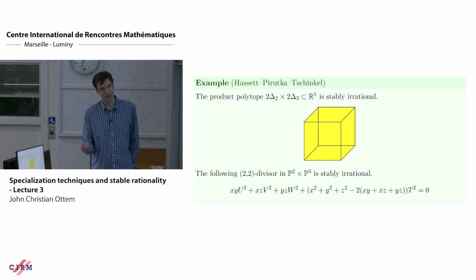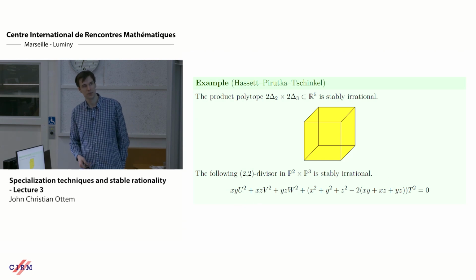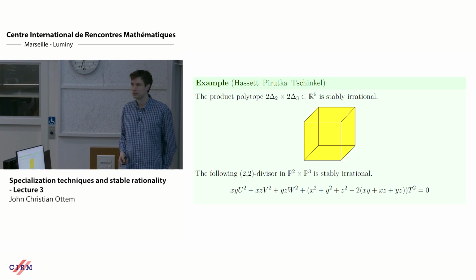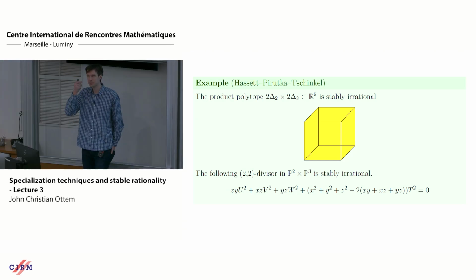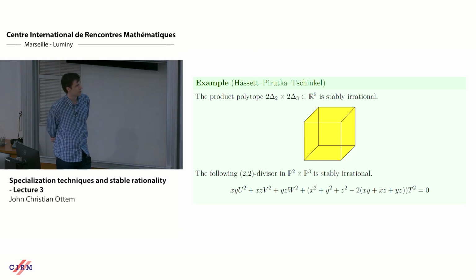What they proved is that this equation here gives you something which is stably irrational. So here's a very concrete (2,2) divisor which is stably irrational. But the fact that this is stably irrational means that the general (2,2) divisor is stably irrational. So this is a stably irrational polytope.